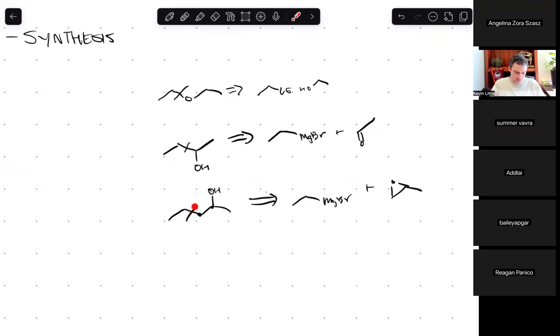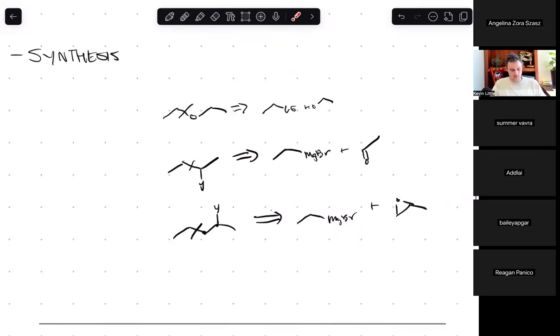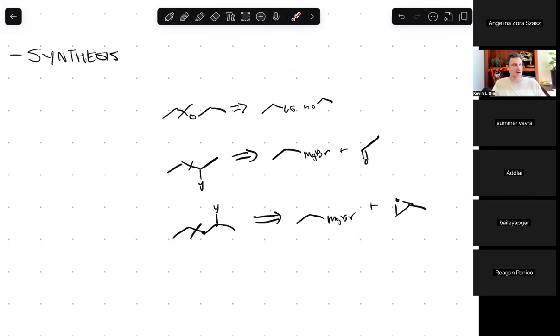If you know how to make the squiggle and you count two carbons away, your OH, or it doesn't even have to be OH. I think it'd be better if I just said whatever heteroatom Y is here is two away from wherever that squiggle has to be. It's got to be an epoxide. Period. End of story. So when I do a retrosynthesis, I make the squiggle, I see two carbons away, I think, well, that's got to be an epoxide.